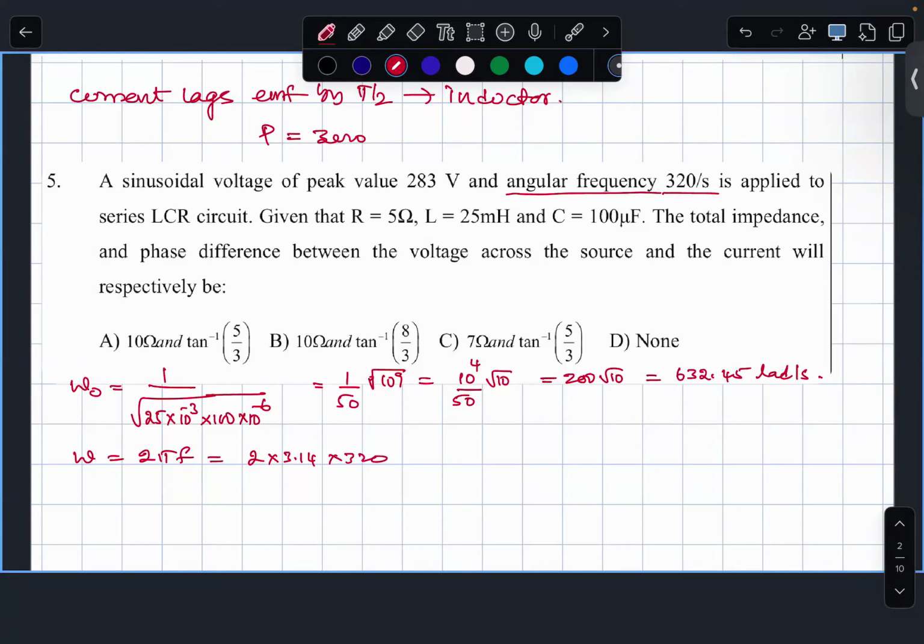How much is this value? So this is greater than omega naught.